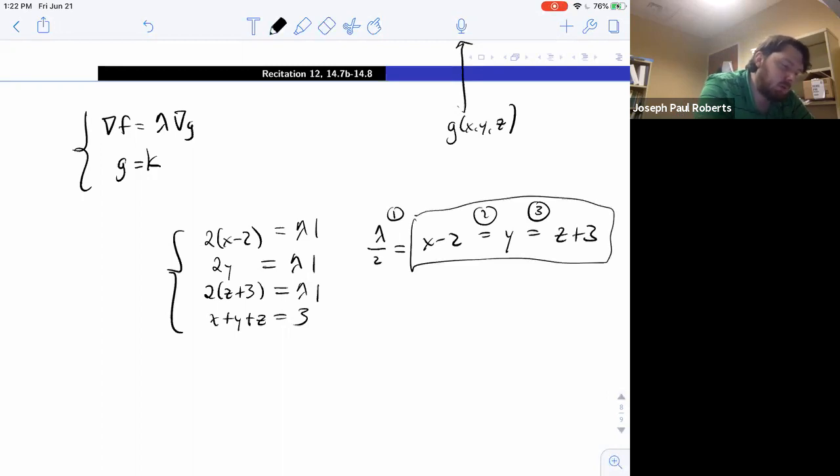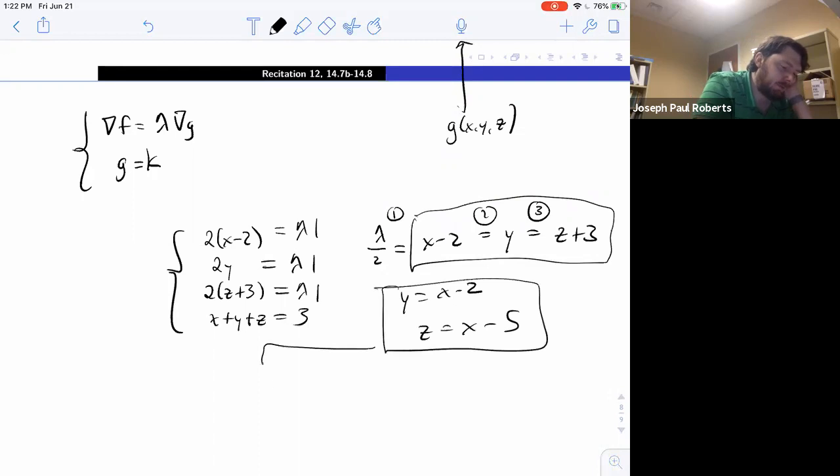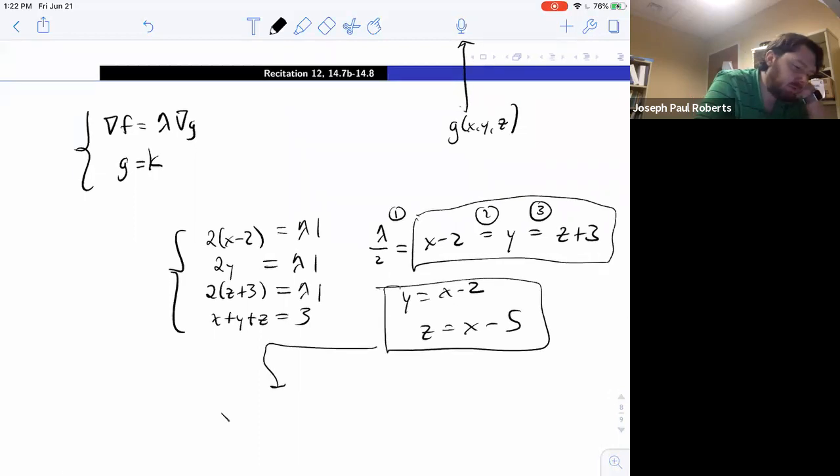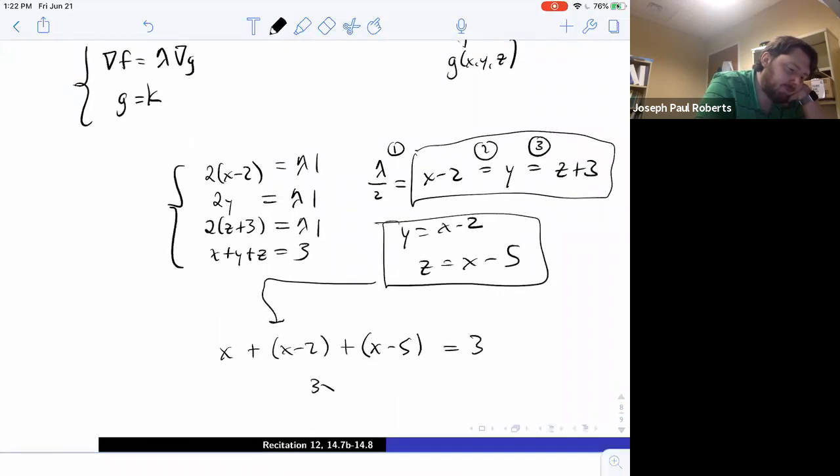So, for example, y is x minus 2 and z is x minus 5. So we could substitute that into equation 4: x plus y plus z, where z is x minus 5, equals 3. So 3x equals 10. So x is 10/3.